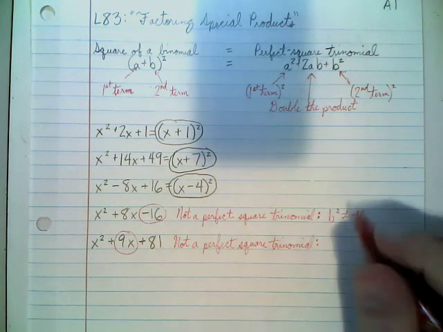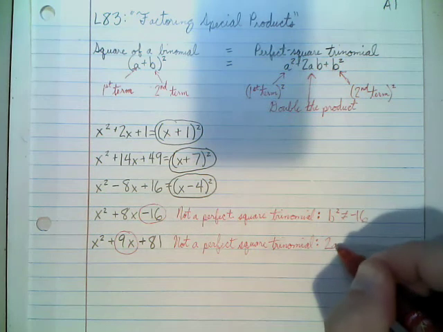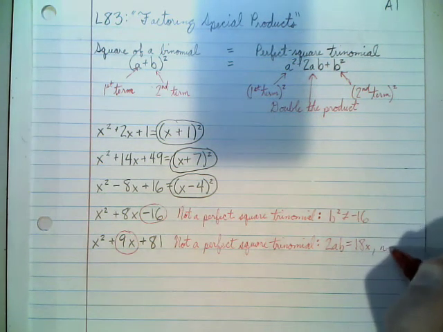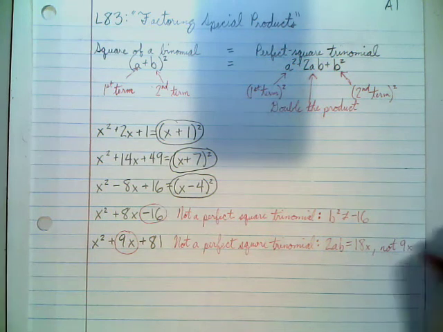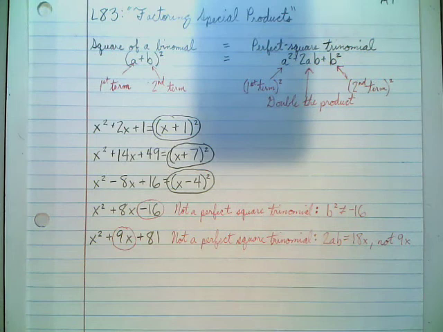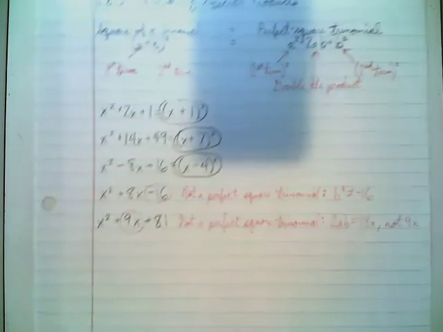And the reason for that is 2ab would equal 18x, not 9x. So this is not a perfect square trinomial, which means it cannot be factored, at least not as a perfect square. All right, let's keep moving.